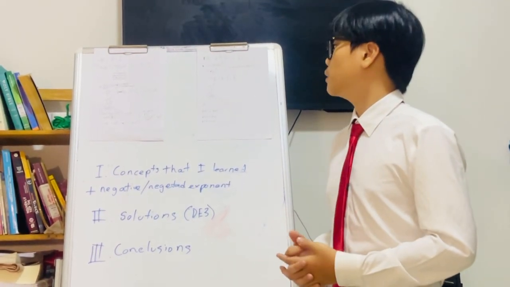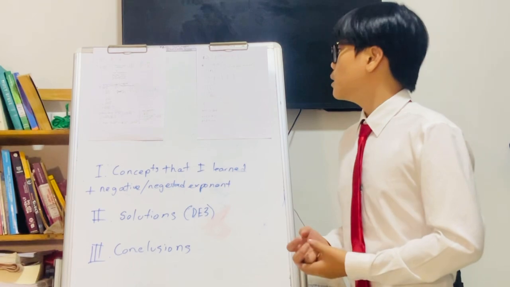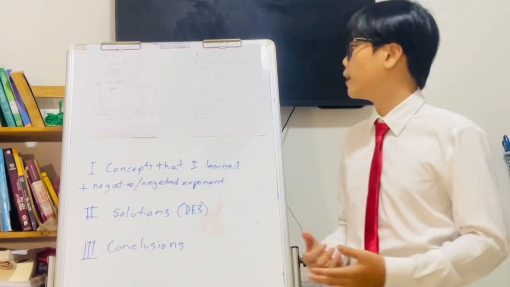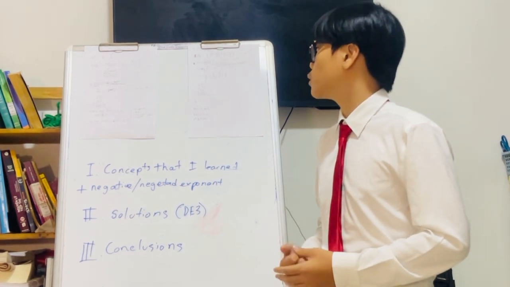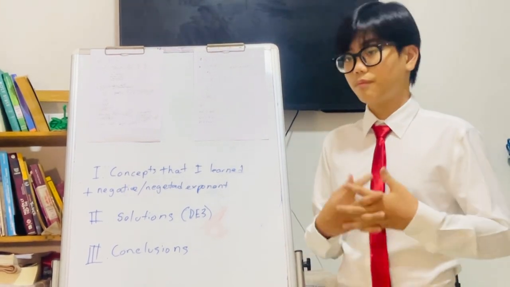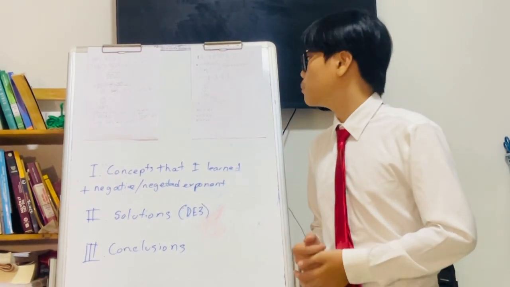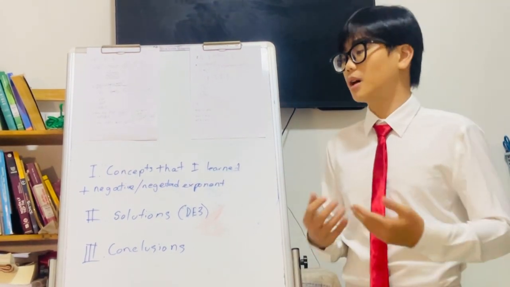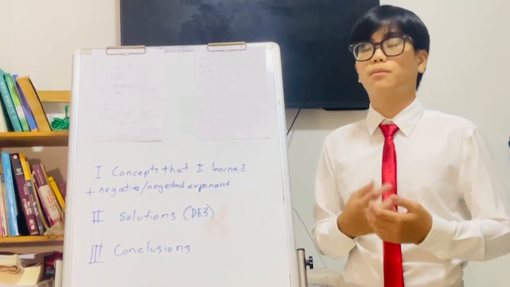For my third, 2b, which is a to the power of minus n over b to the power of minus n, is solved by taking 1 over a to the power of n divided by 1 over b to the power of n, which equals 1 divided by a to the power of n multiplied by b to the power of n divided by 1, which equals b to the power of n divided by a to the power of n, which eventually becomes b divided by a to the power of n.